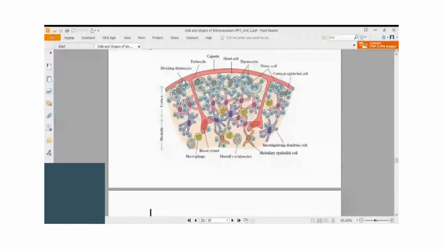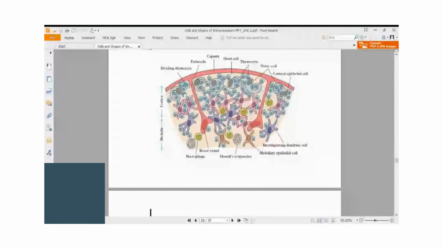The capsule made up of connective tissue is indented as trabeculae, and in the trabeculae the blood vessels are there, both the arteries and the veins, which are responsible for draining the thymus as well as supplying blood to the thymus.